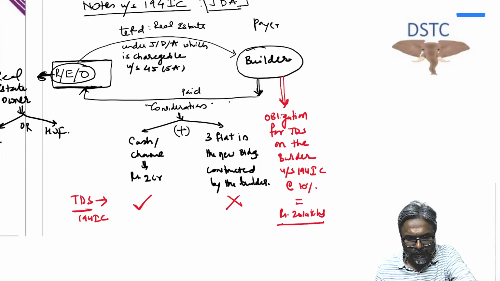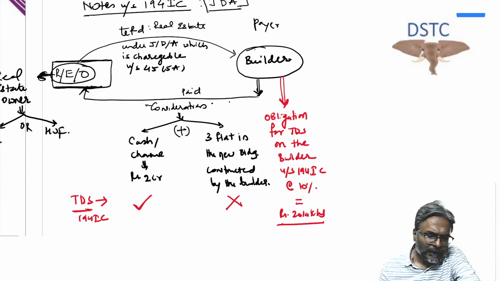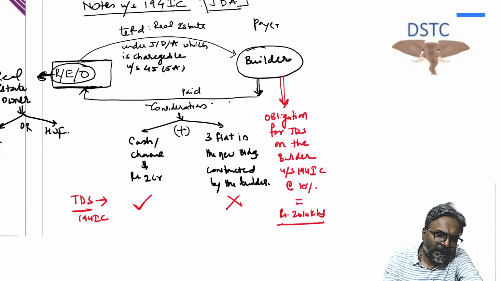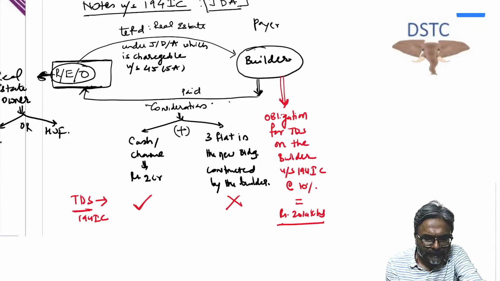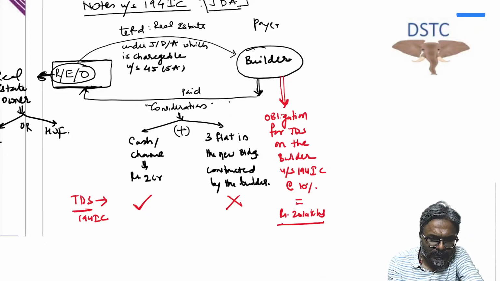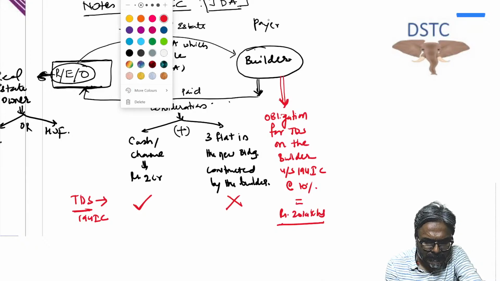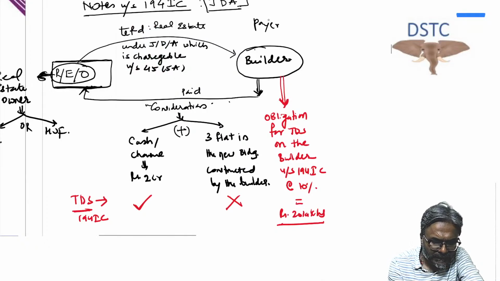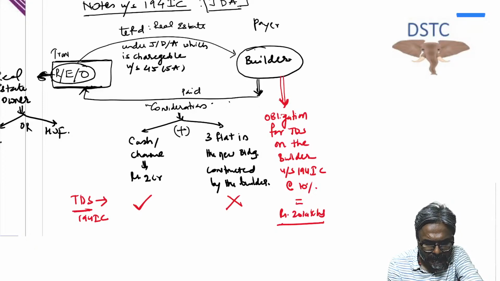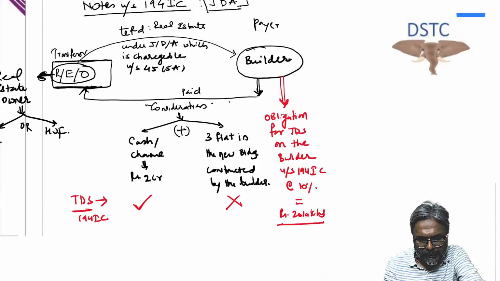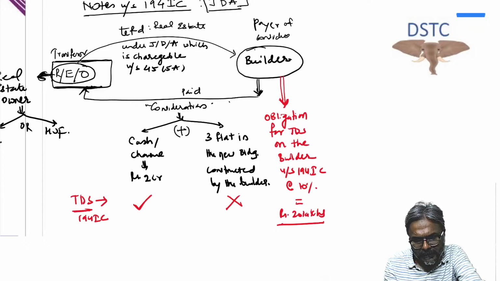This is exactly how the scheme of things will happen. Please understand one thing: this real estate owner, students, is a transferor, and the builder is the payer of consideration.